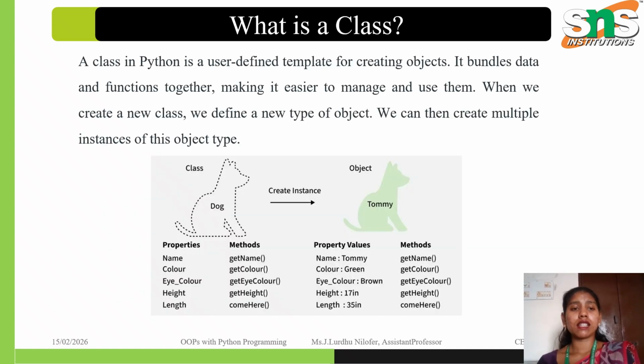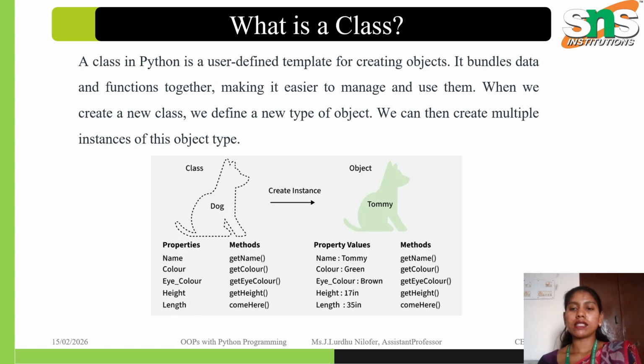What is a class? A class in Python is a user-defined template for creating objects. To create an object, we need a class. Classes bundle functions and data together, making them easier to manage and use.